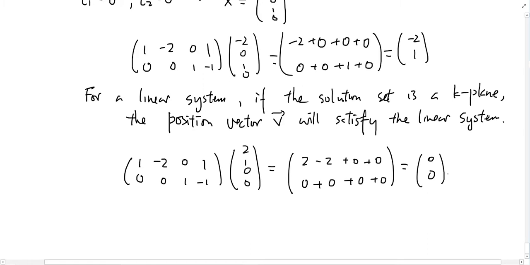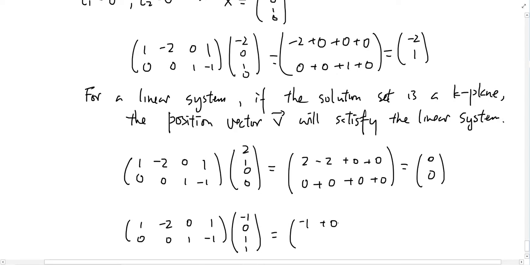Now is it just a coincidence that this one just so happened to give me a 0 vector, and in reality the direction vector gives you some random vector when you plug it into the system? Well, let's find out what happens with the second direction vector, (-1, 0, 1, 1). When I do a dot product, it becomes negative 1 plus 0 plus 0 plus 1.